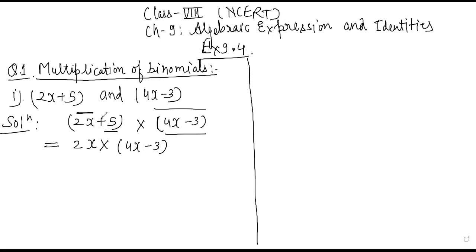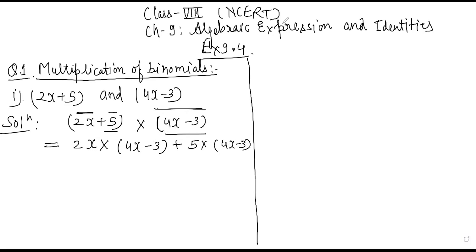Actually, you know that this is binomial by binomial, right? So firstly, we will try to convert it to monomial by binomial, then we will use the distributive property. So 2x gets multiplied with the whole bracket. Now 5 is multiplied with the whole bracket, so there is a plus sign, and 5 is multiplied with 4x minus 3.